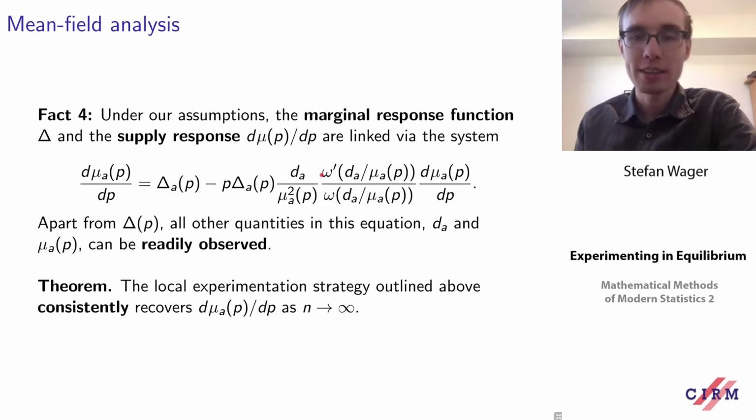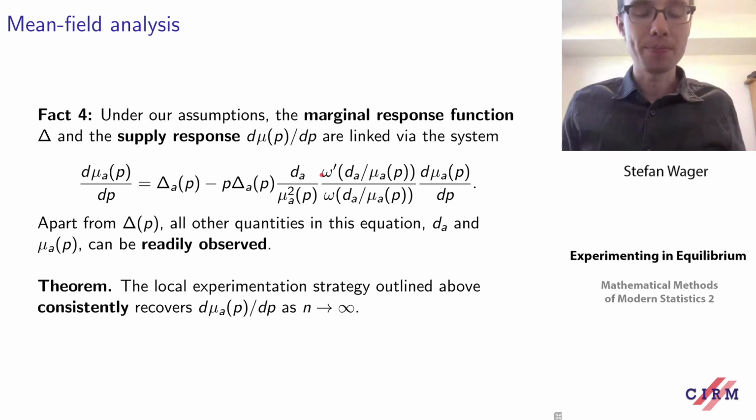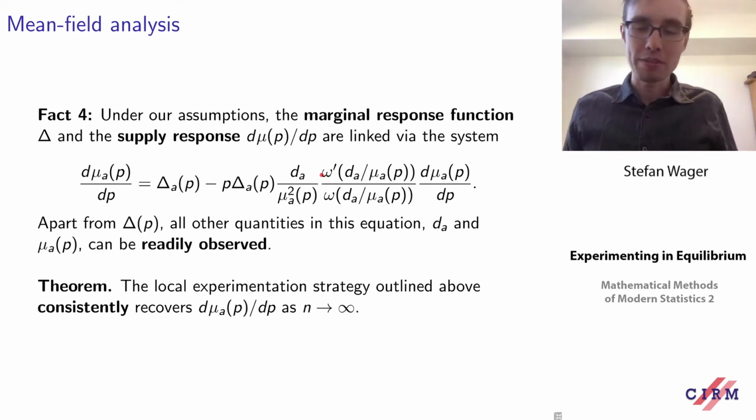And omega, the matching function, we assumed that the platform knew. So now you have this elasticity of the matching function. This depends on the matching dynamics, so hopefully the platform has an opinion of what this is. If you know all this stuff, you can estimate delta, then you can recover d mu dp. And that's our first result here.